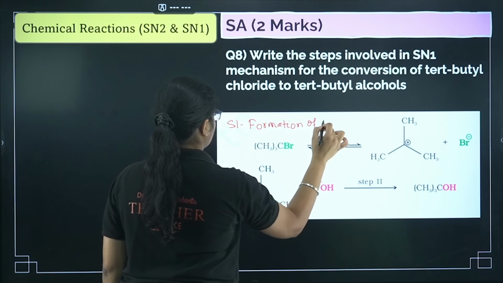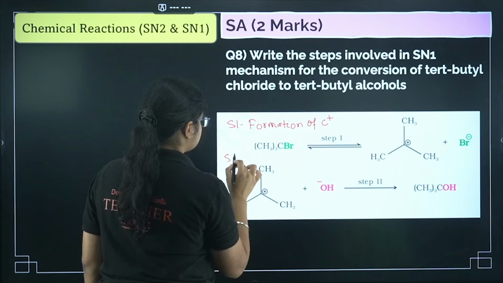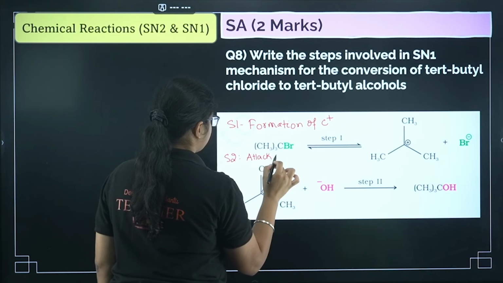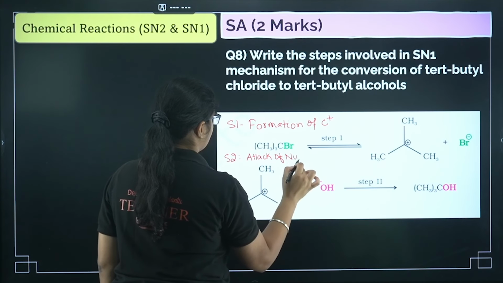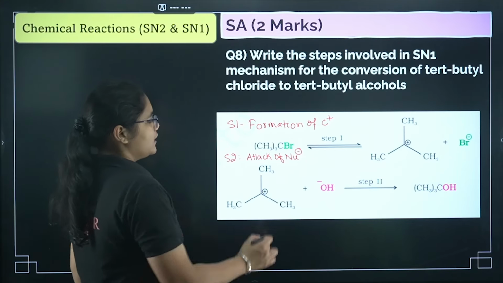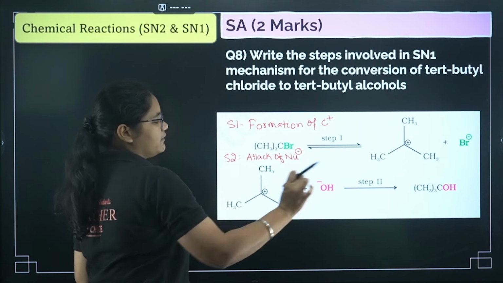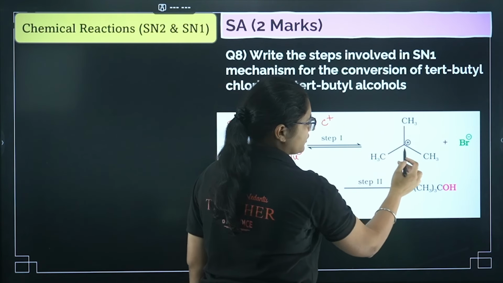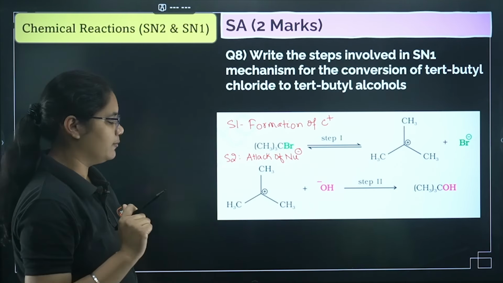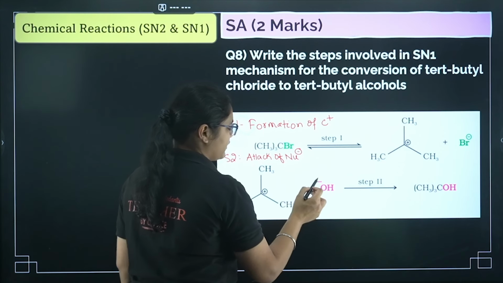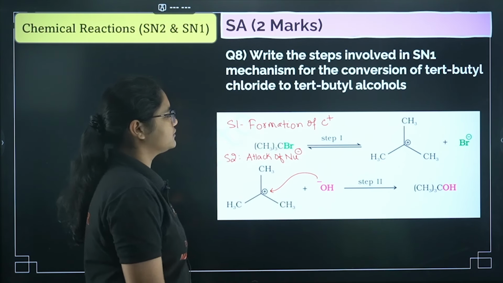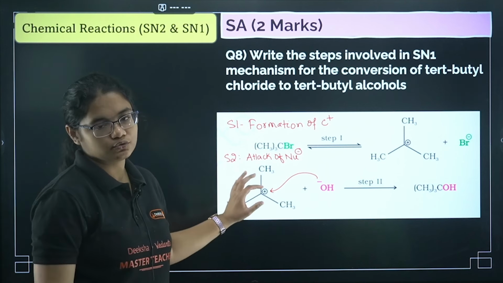Step 2 is the attack of the nucleophile. In step 1 the halogen goes out and we get a carbocation, and we have to draw a reversible step here. Then the nucleophile attacks, and you get tert-butyl alcohol. Two steps, 2 marks.